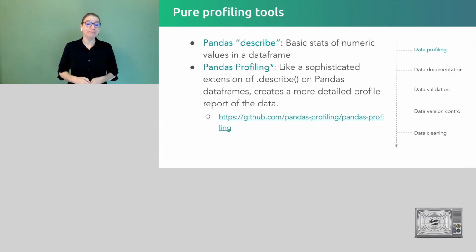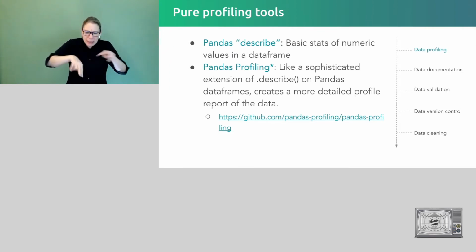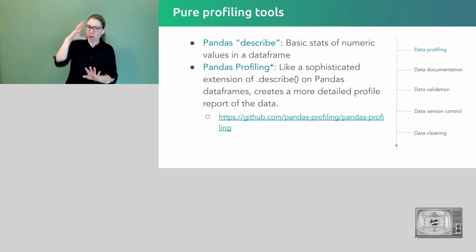Let's get started. So the first category is profiling tools. These are tools that help you explore your data and give you some basic statistics about your data. The simplest version of that, assuming we have our data in a pandas data frame, is the describe method that comes with pandas. It basically just gives you some basic statistics of all the numeric values in your data frame.